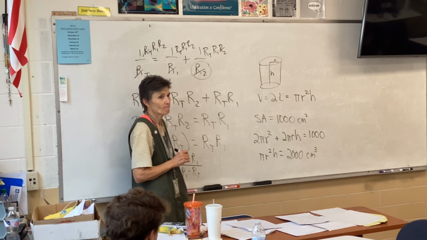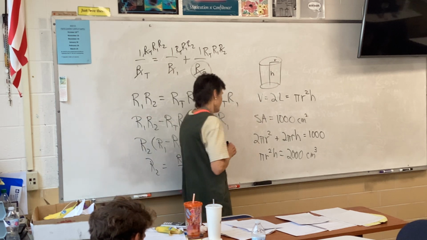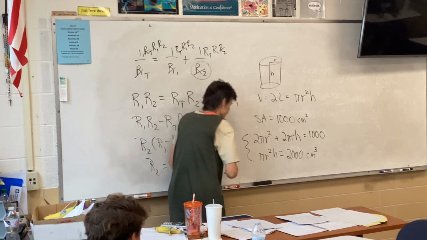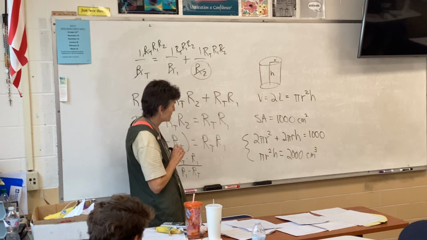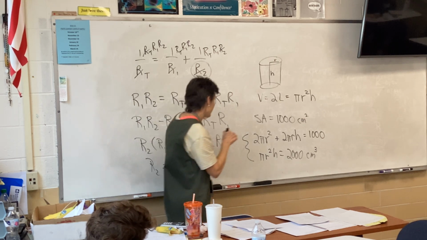Everybody with me there? Okay. So what am I going to do now? I've got 2 equations. These are very nice equations. You could divide the volume one by 2 to make them both equal 1,000.